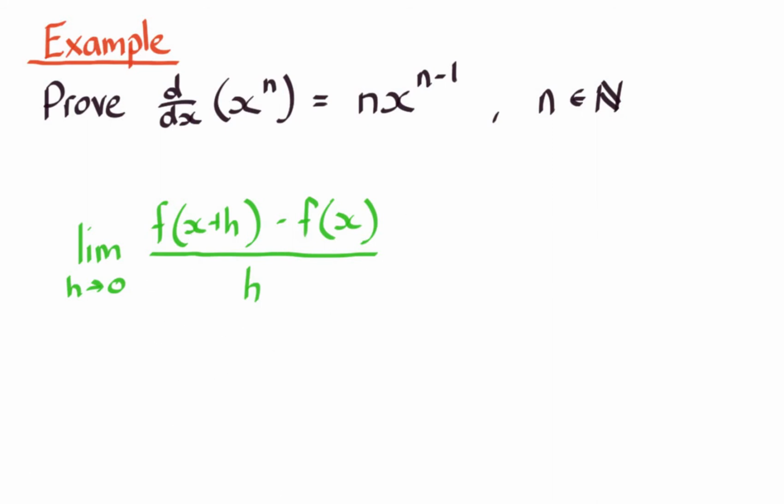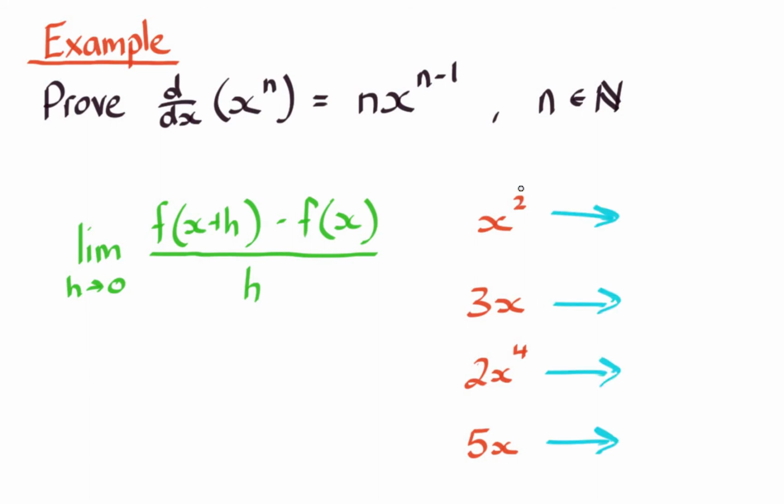And from here, we analysed a whole bunch of different functions using first principles, and we saw that in each case, when we derived them, we got this process occurring continually. We noticed a pattern where the power would come out the front and then the power would reduce by 1.